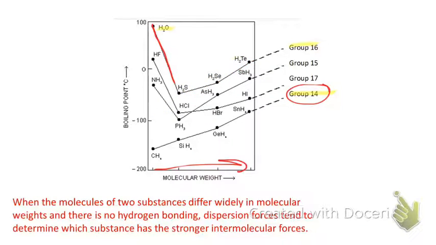Instead, water has a much higher boiling point than the rest of these. So the question is, why does water have such a high boiling point compared to H2S, H2Se, and H2Te if it has such a low molecular weight?